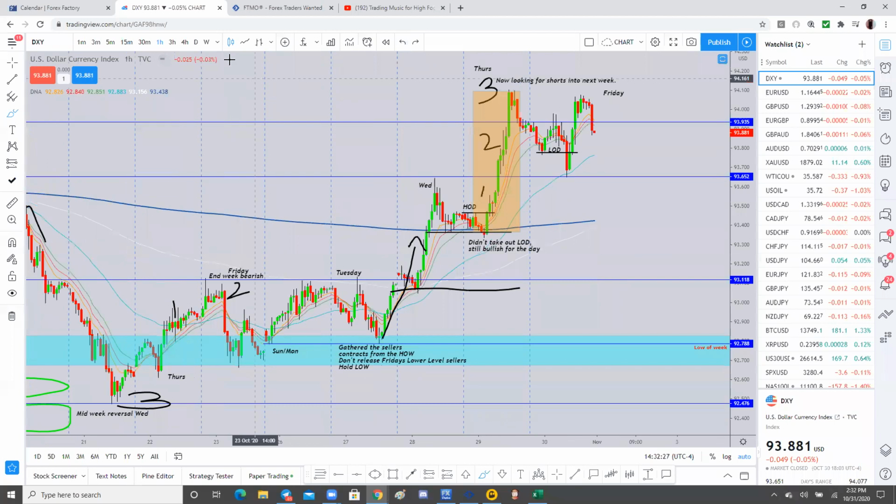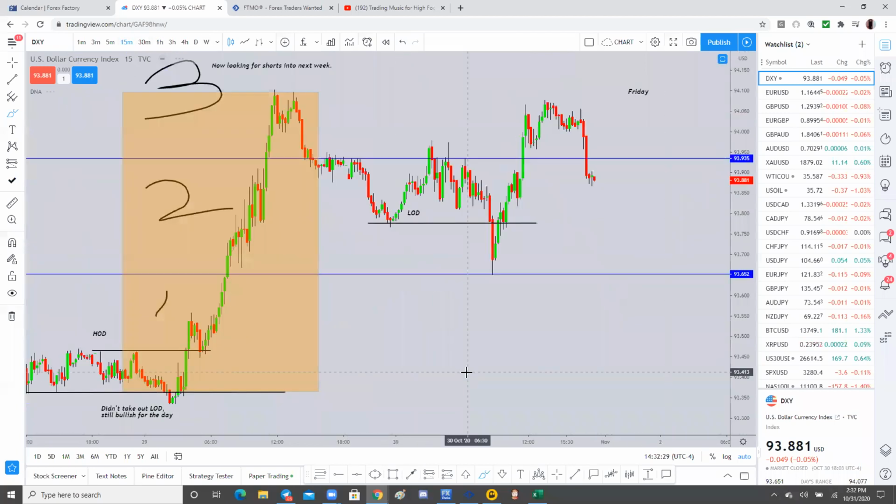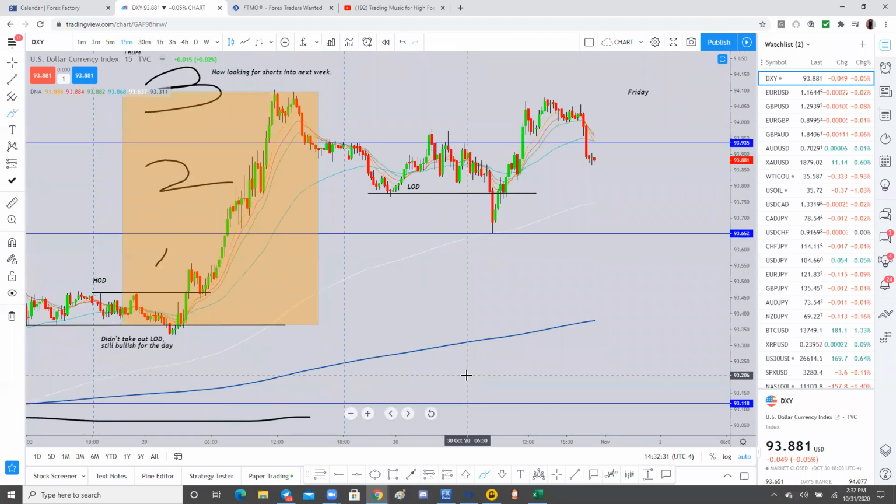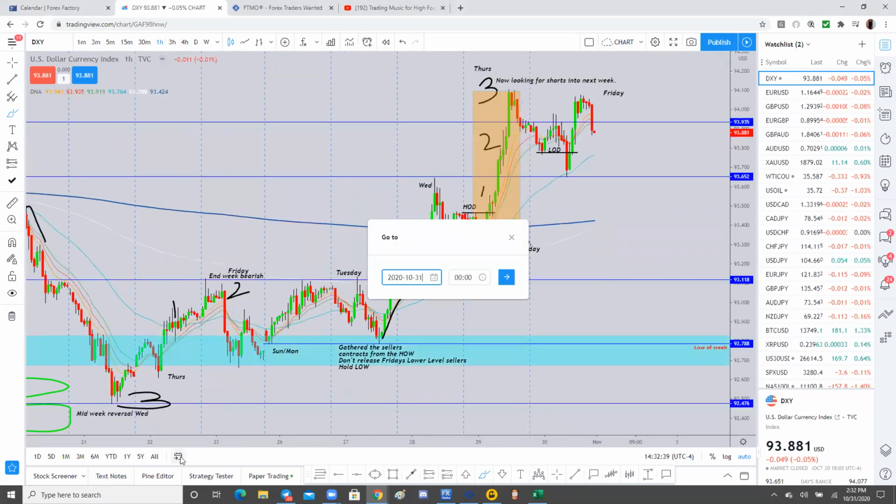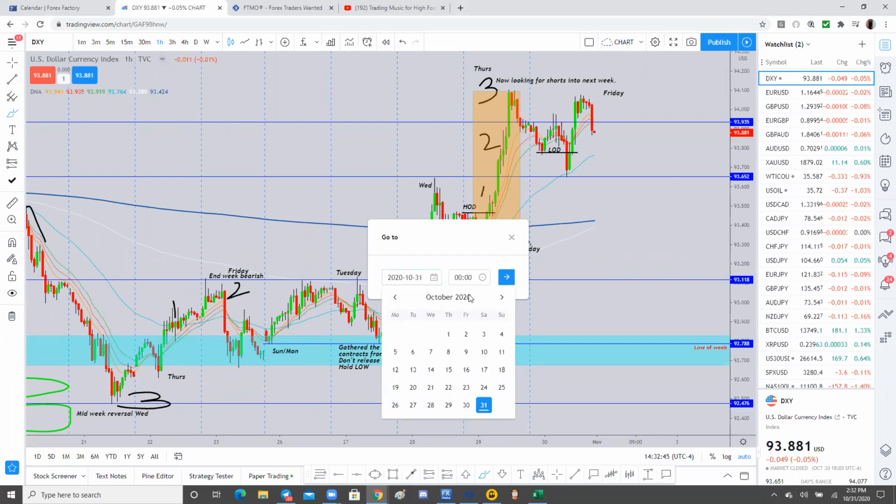It is elections. Market may be volatile, may not be. However, again, I told you guys, you should be doing this on your own, going back and backtesting. Okay, what happened last elections? So last elections, you go back to 2016, right?